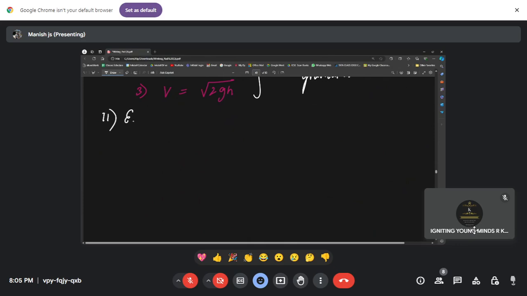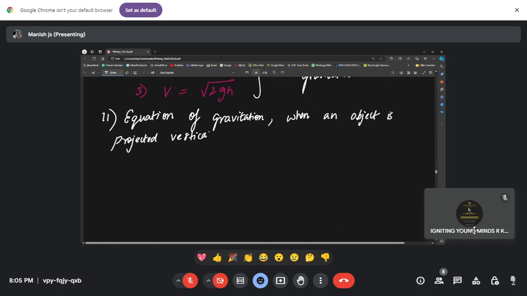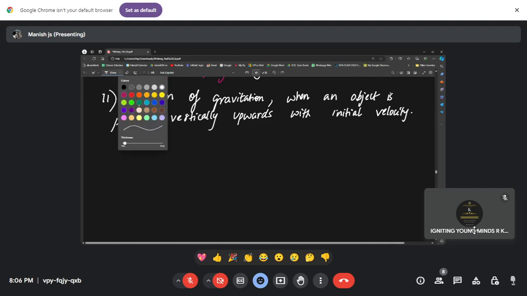Next, the equation of gravitation when an object is projected vertically upwards with initial velocity. So when you're trying to project any particular object vertically upwards with some velocity, now let us try to investigate this corresponding case.